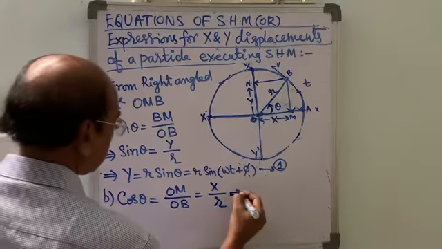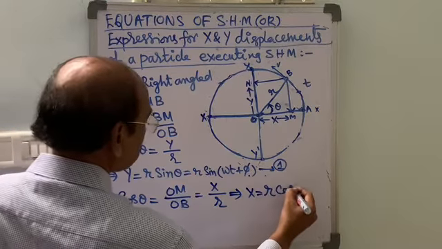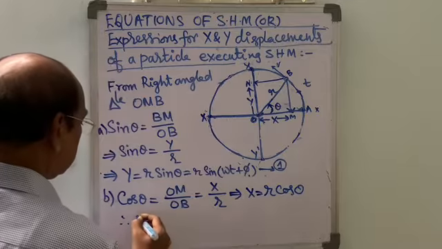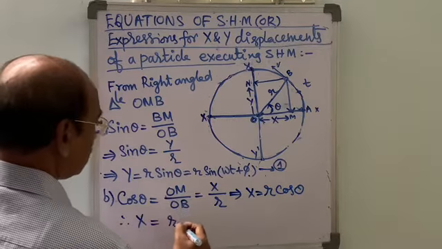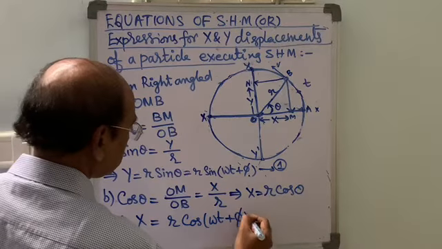Therefore, x is equal to r cos theta, so x is equal to r cos(omega t plus phi).